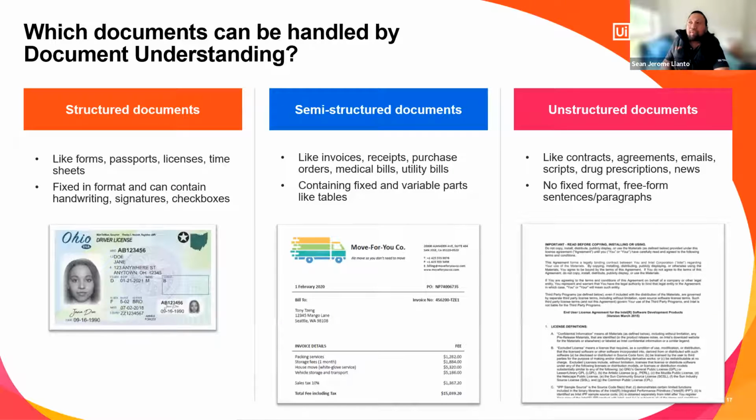We also have semi-structured documents, such as invoices, purchase orders, receipts, and medical bills. Typically, these contain variable parts like tables. If you have a receipt, you have quantity, description, price, and so on. These are typical semi-structured documents.